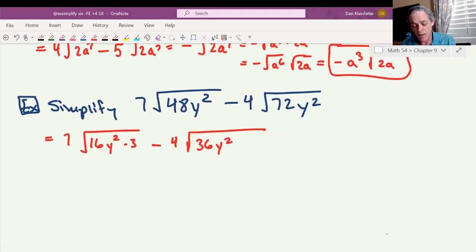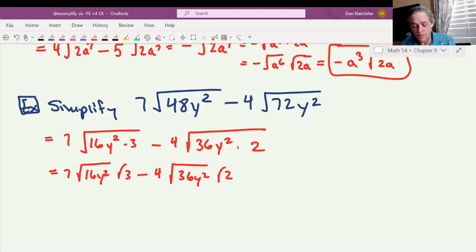So I'll have 36y squared times 2. All right, and so now we've got 7 times the square root of 16y squared, square root 3, minus 4 square roots of 36y squared, square root of 2.